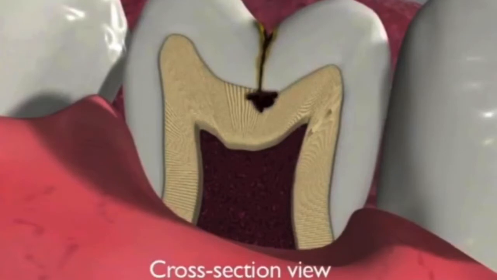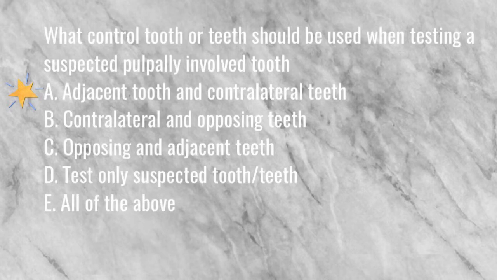So that's the reason why you would actually check several teeth and not just the one that you're concerned about, to have a baseline response and then compare it with the adjacent, opposing, and contralateral teeth. So this is again one of the MCQs asked in the ADC, that what are your control teeth, and it's the adjacent, opposing, and the contralateral teeth for testing.